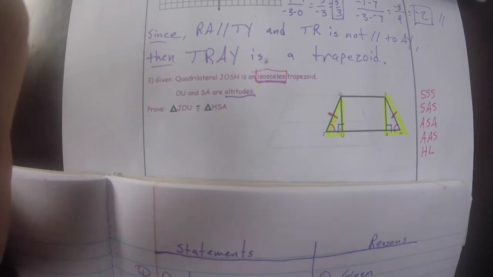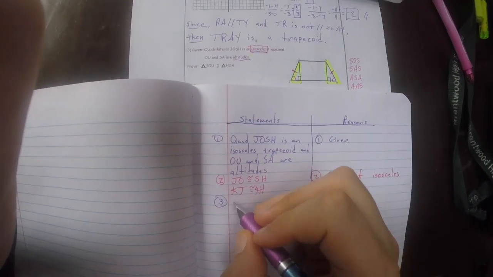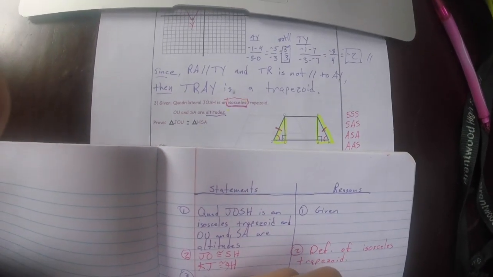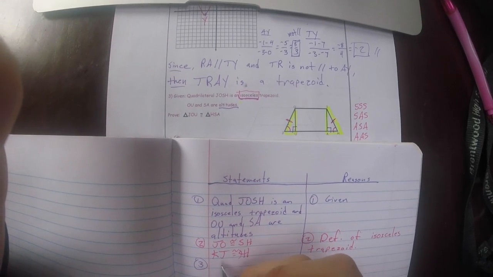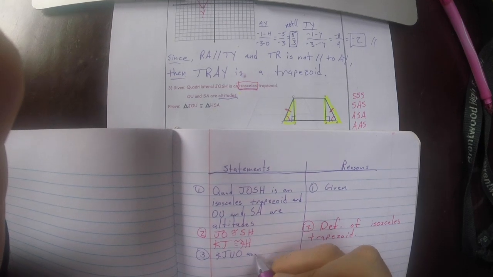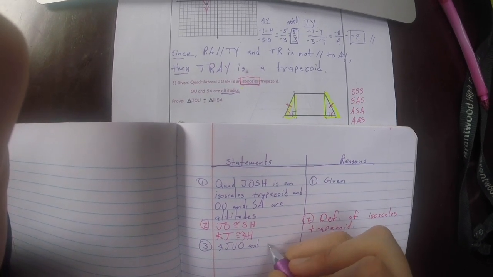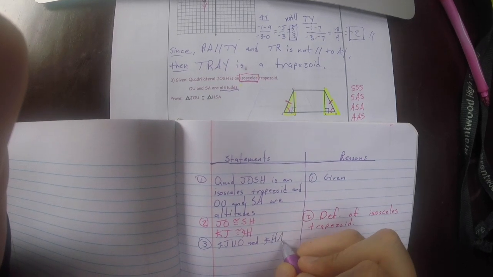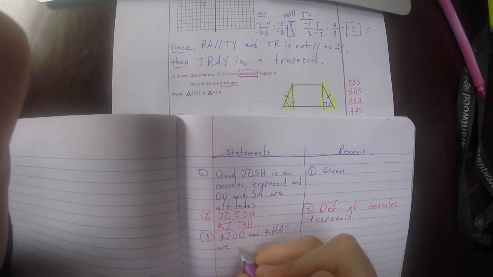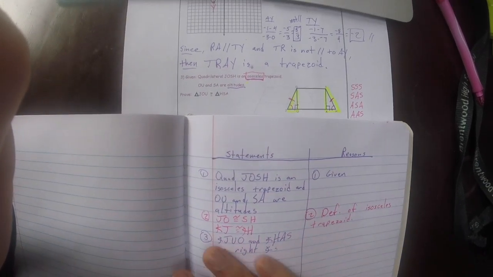So let's put that into our statement and reason columns. We'll go 3. Angle JUO and angle HAS are right angles. How did I know that?